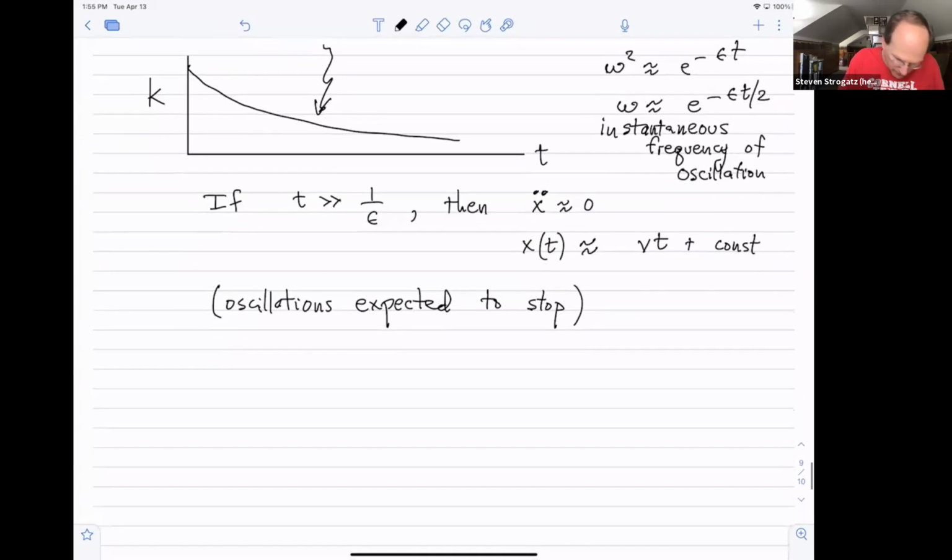If we consider what's happening on the slow time scale over which the spring deteriorates, we could let capital T be epsilon times little t. This is what we're going to think of as the slow time.